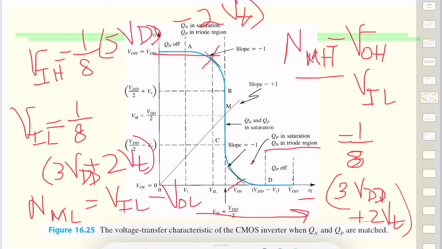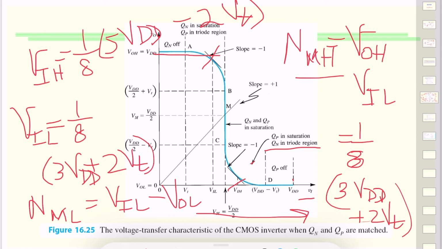So we have equal noise margins on the lower side and the high side, which is essentially a feature of the QN and QP. So this is the situation when they are matched.